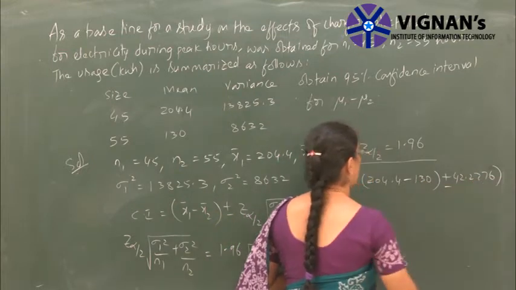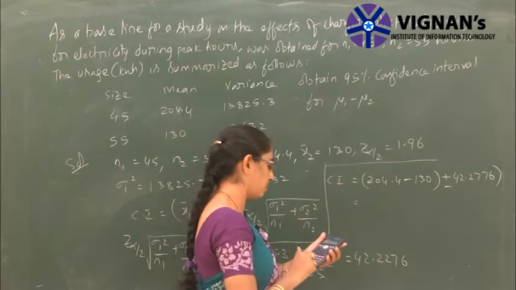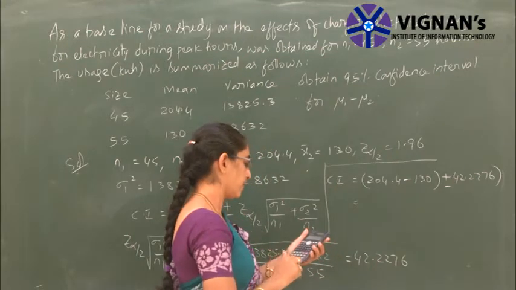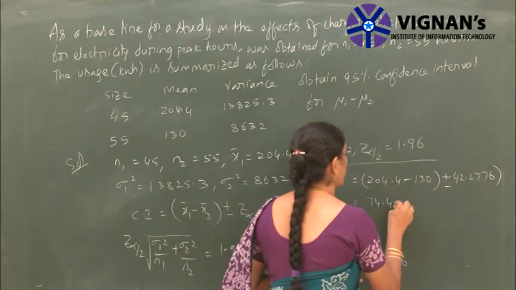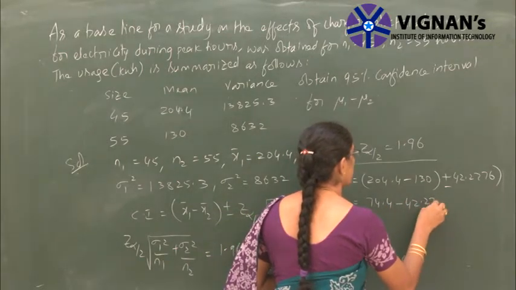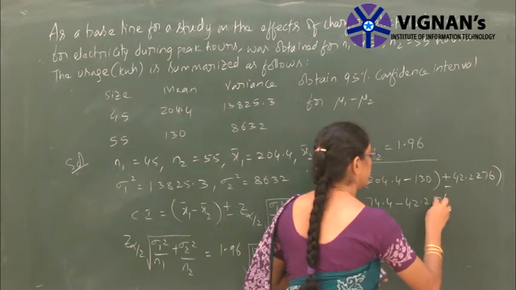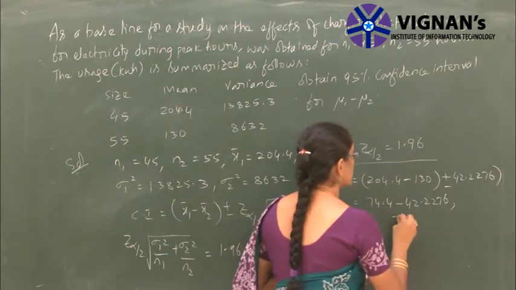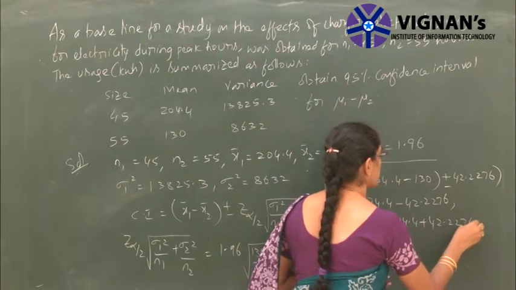Use the round brackets. So 204.4 minus 130 is 74.4. So 74.4 minus 42.2276, comma, 74.4 plus 42.2276.